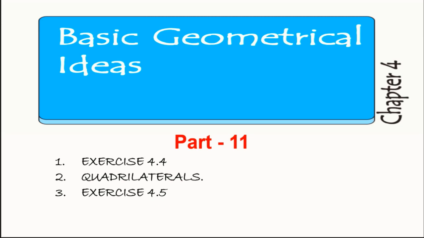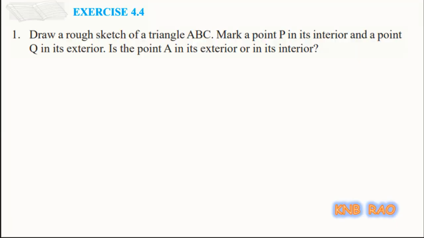And after solving exercise 4.4, we'll go for a new concept called quadrilaterals and further solve exercise questions based on the quadrilaterals. Coming to exercise 4.4, which is based on the concept triangles.